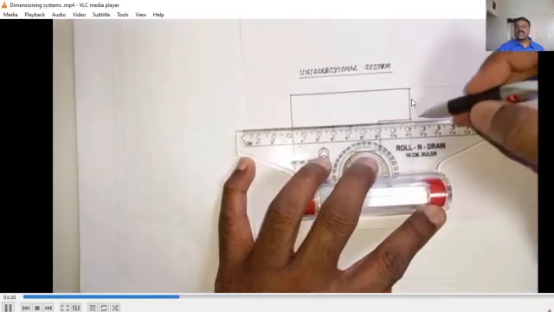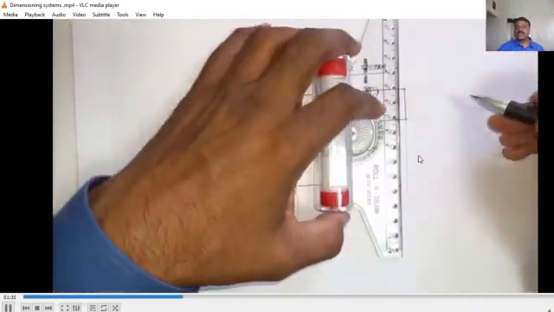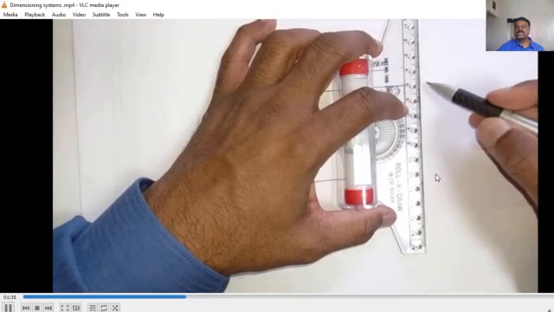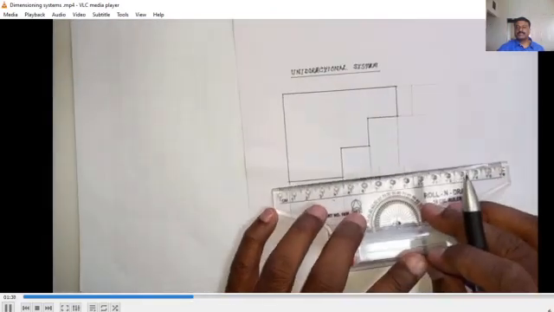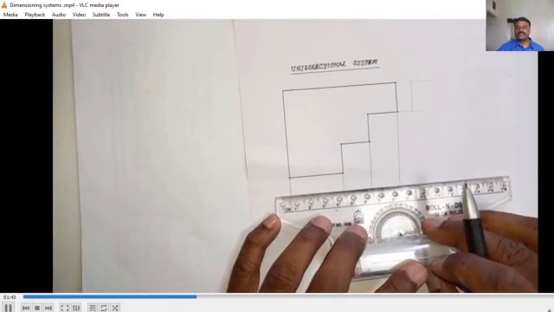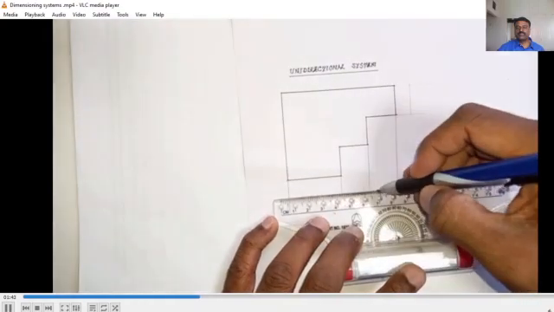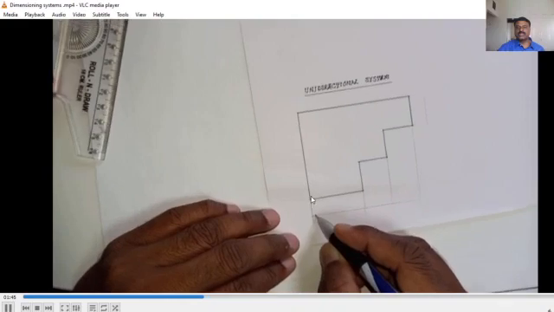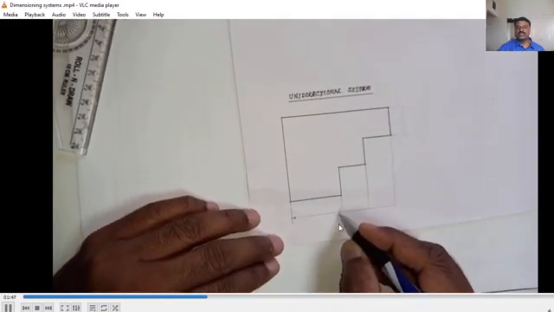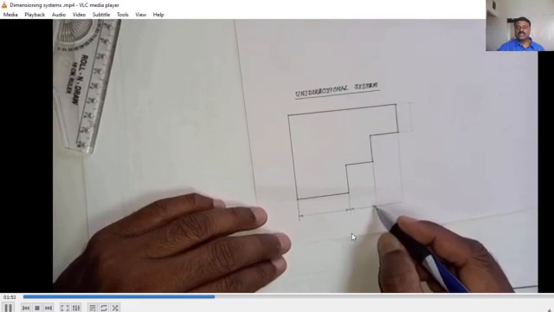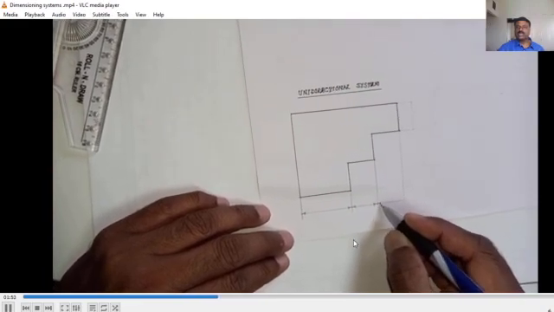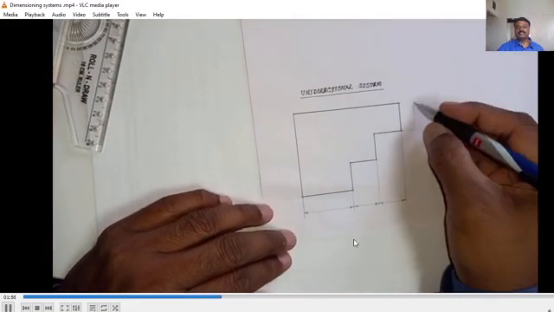So this is the drawing. Draw projection, draw extension lines. Leave 10 mm space from the drawing. Unidirectional system, here also leave 10 mm. Dimension text must be readable from the bottom edge only in this system.